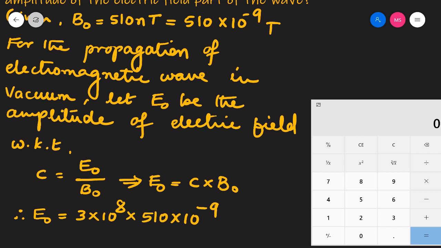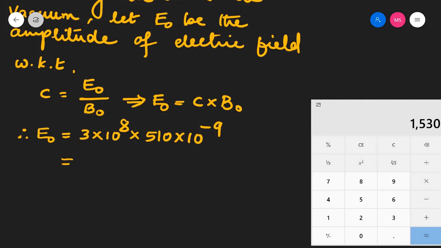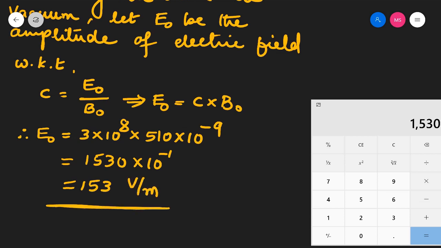So 3 into 510 is 1530 into 10 to the power minus 1, or you can say that 153 volt per meter. This will be the amplitude of electric field.